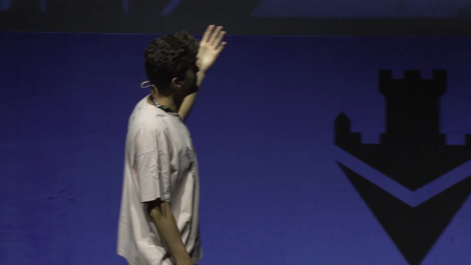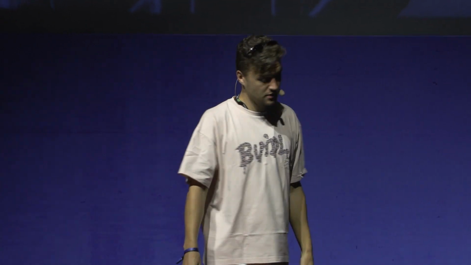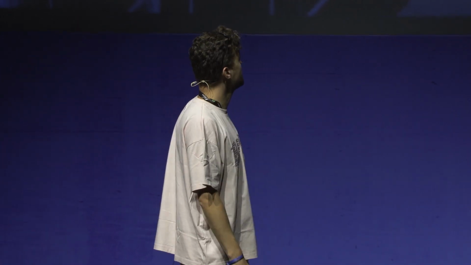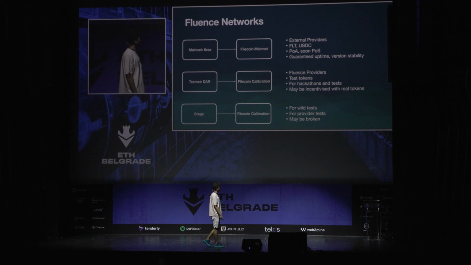Cross would then be the mainnet with high SLAs, and the testnet would be a much bigger network, and it wouldn't be a testnet anymore. It would be a mainnet, but it would not provide as high SLAs, as high uptimes, and as high quality hardware as the mainnet. And we have a stage for wild tests for providers to come and register themselves, so it might not work at times. That's the goal, to break it. So please come and break it.